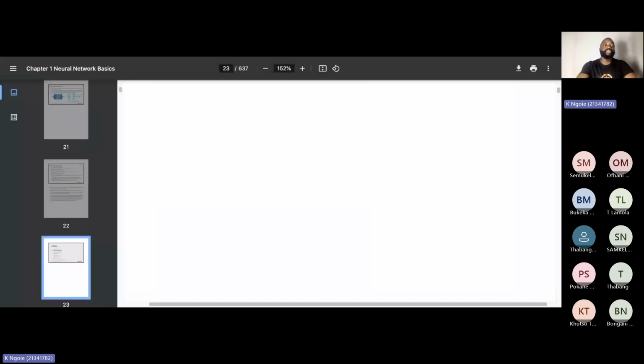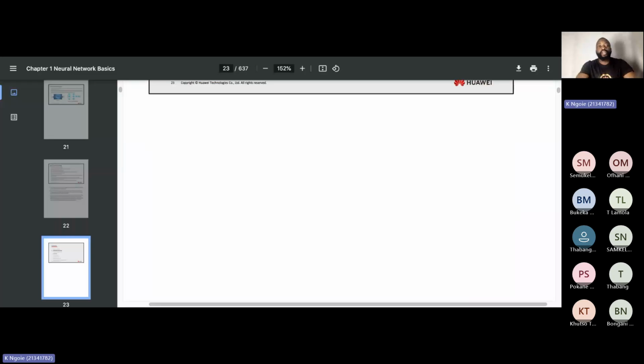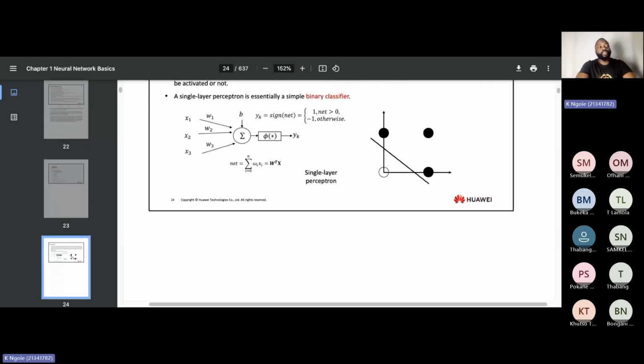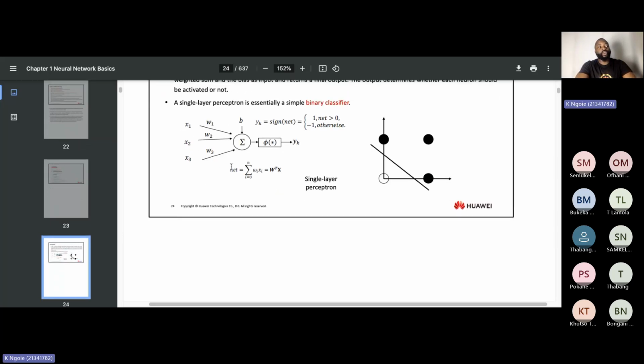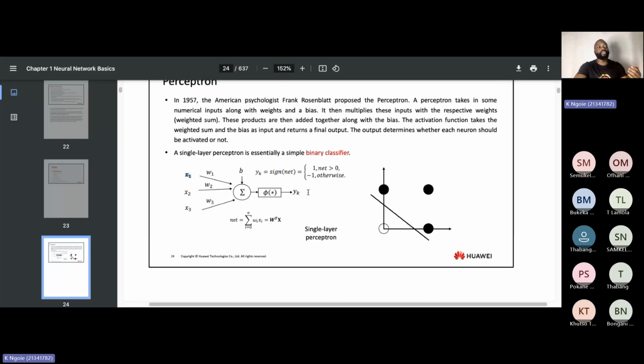So when creating this model here, the perceptron was just a simple neural network with just one input layer, one output, and just one operation happening there. The final answer would be a binary classification.